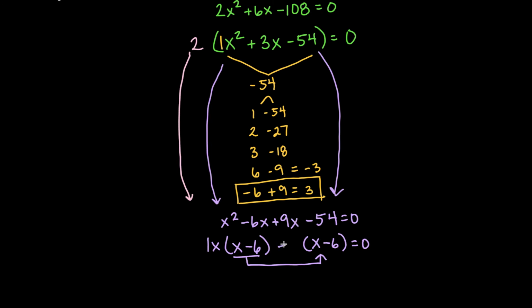I think it's plus 9. Let me check. Yeah, that looks good. Cool, so I end up with x plus 9 times x minus 6 equals 0. And don't forget this 2 over here.